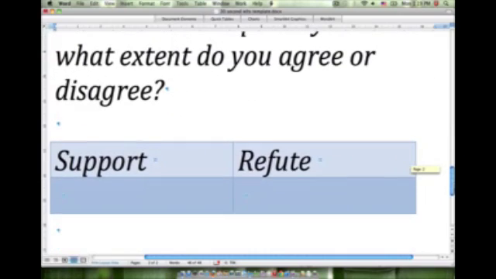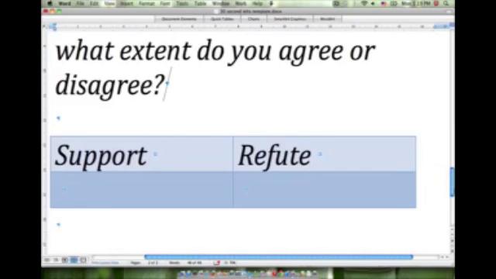Now we're going to try to think of some points that support the idea that disinterested students do not have to study the subjects that they are not interested in, and some points that refute this.